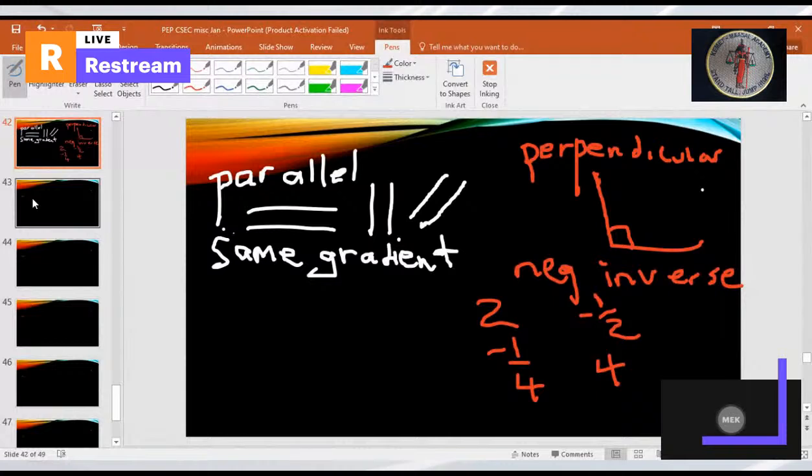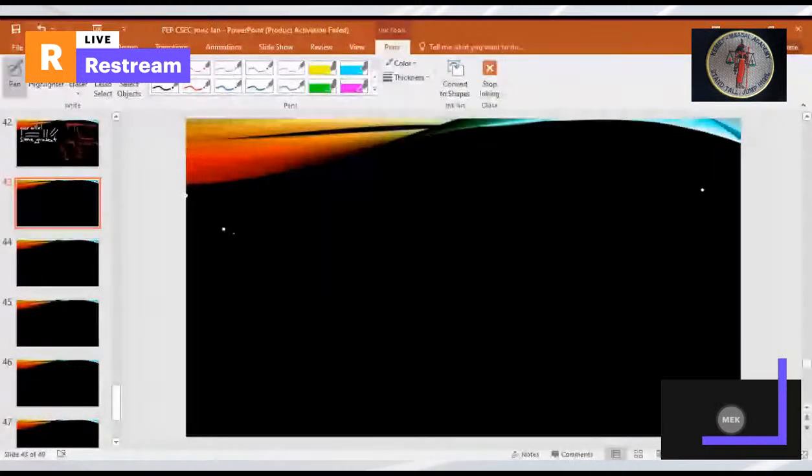Say, for example, we have a line whose equation is y equals 2x plus 6, and we have another line that is parallel to this line.